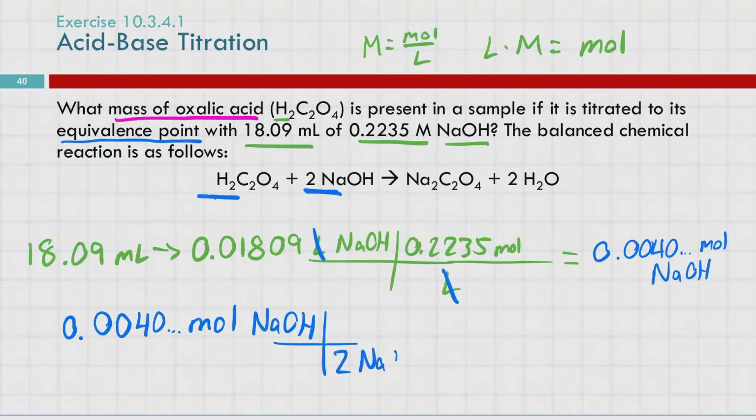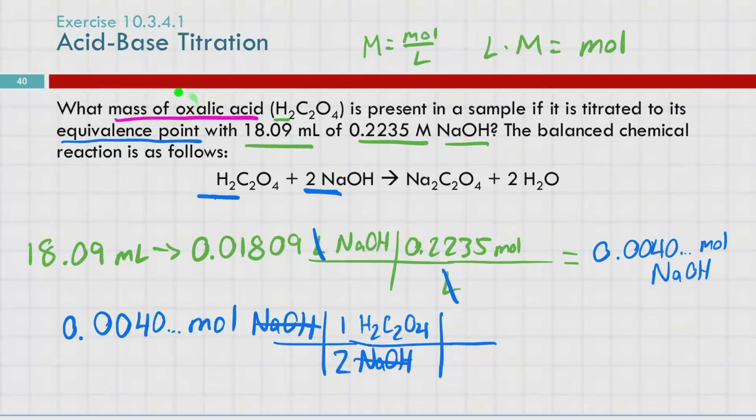So 2 NaOH on the bottom, 1 H2C2O4 on the top. And now our units, if we calculated here, would be moles of oxalic acid.